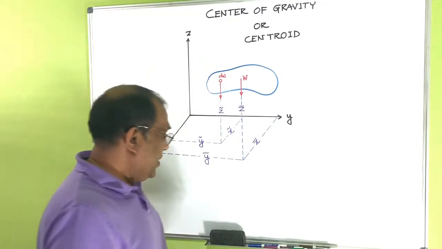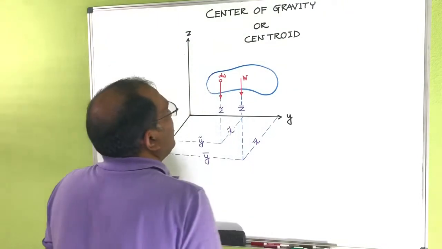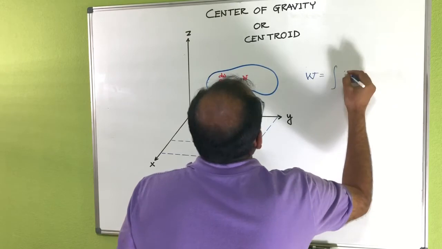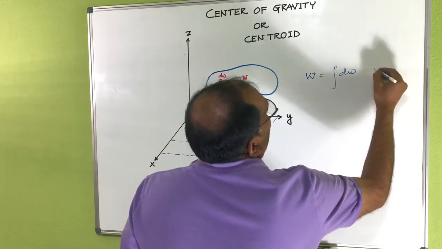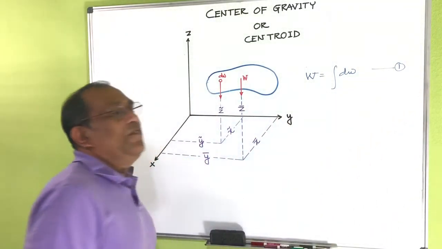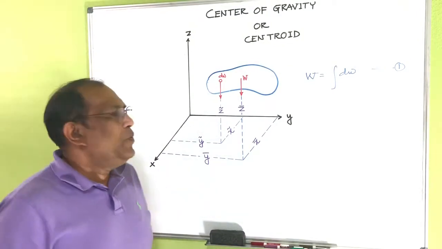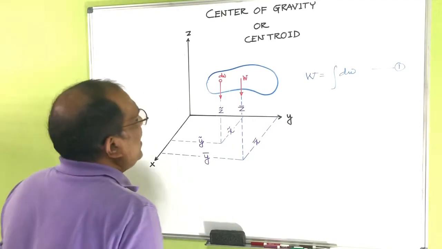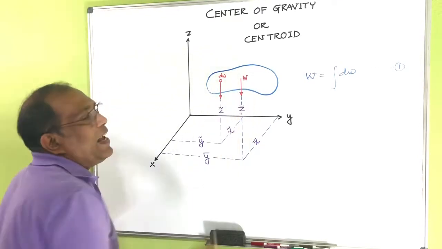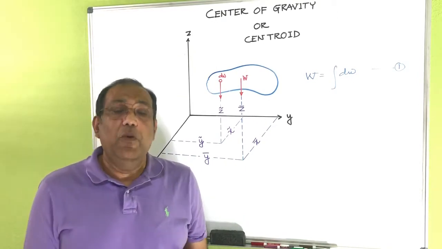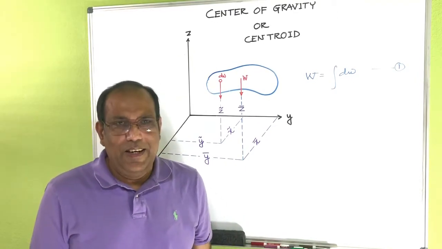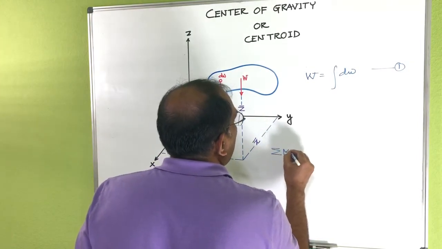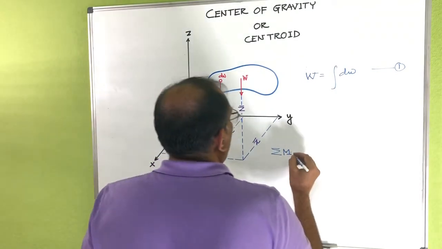Now you can understand that your total weight is nothing but the integration of dW. That's the first thing. Now we can take a moment about the x-axis or y-axis and see that the moment of the resultant has to be equal to the summation of the moments of all the particles. So let's take the summation of moments along the y-axis.